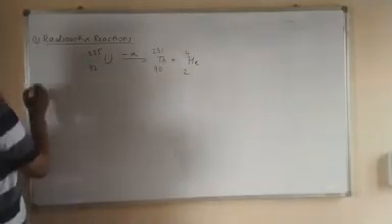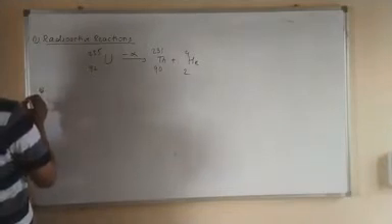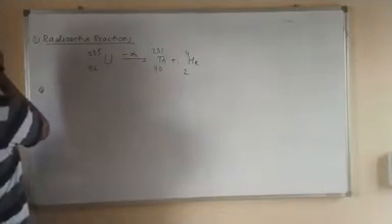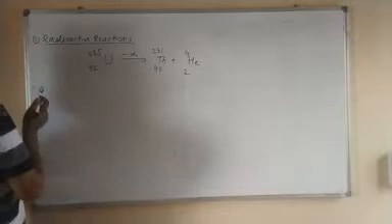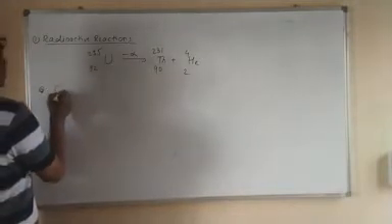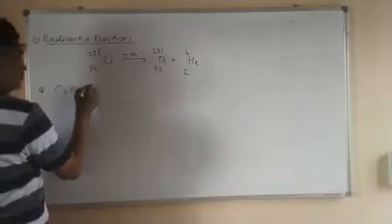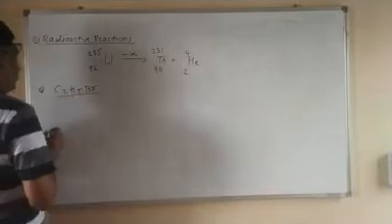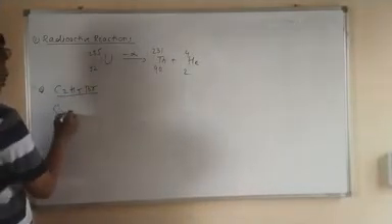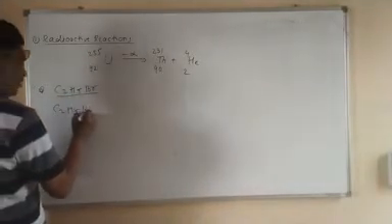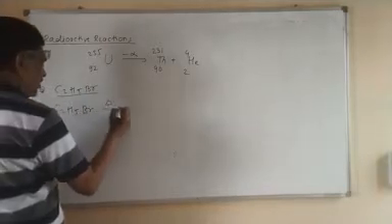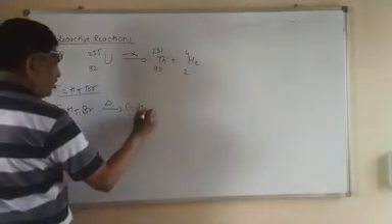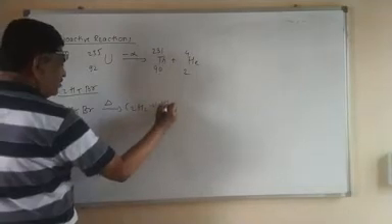Second example, decomposition of ethyl bromide, C2H5Br. If it is heated, we get C2H4 plus HBr.